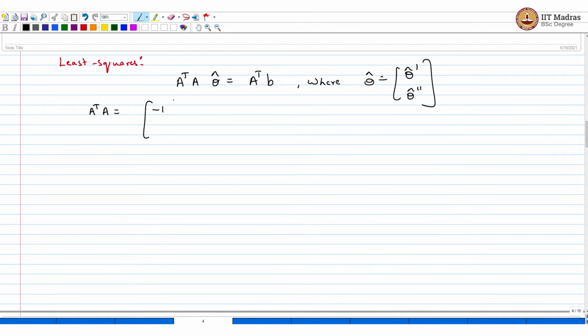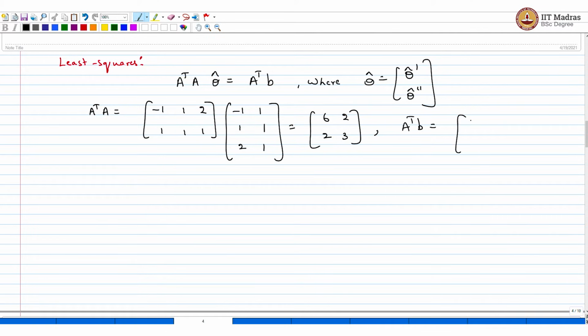So, this is 1, 1, 2; 1, 1, 1. A transpose A is nothing but 6, 2, 2, 3. And you can also check A transpose B equals 1 into B, 1, 1, 3, equals 6, 5.